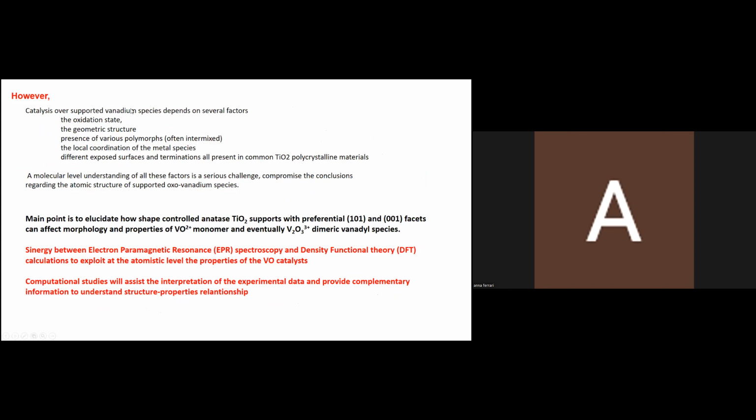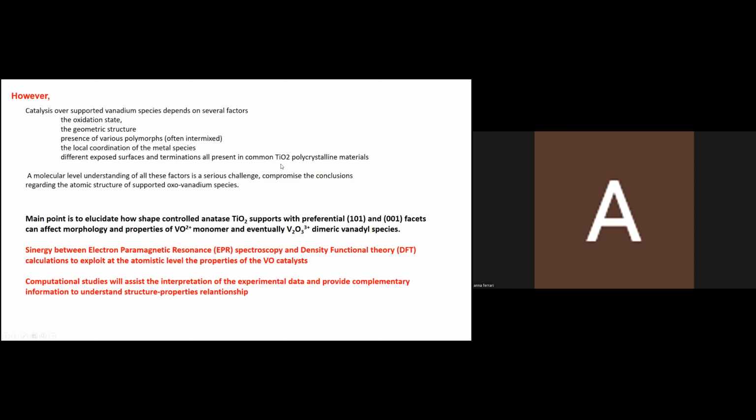Catalysis involving vanadium species depends on a lot of factors: the oxidation state, the geometric structure, the presence of different kinds of complexes, monomers, polymers, the coordination number of the vanadium species, and also because these complexes are not standing alone, because we are speaking about heterogeneous catalysts, they are grafted on another material.